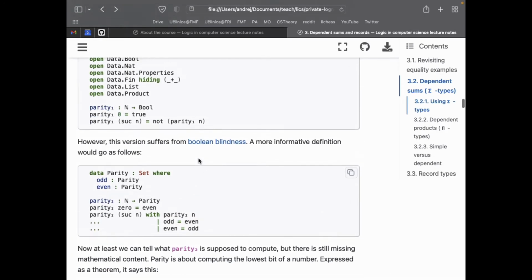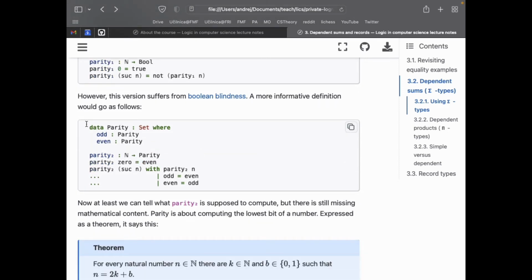There is nothing wrong with defining a custom data type. Data types are easy. Just define them, use them. They're not heavy duty, okay? So you just define a data type which has two values called odd and even, and then you map 0 to even. And then what do you do with the successor? Well, you need to know what the recursive call does.